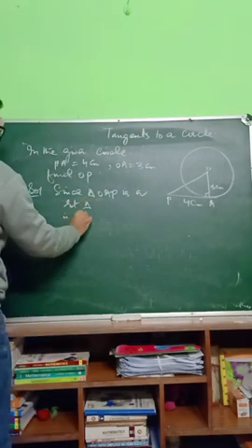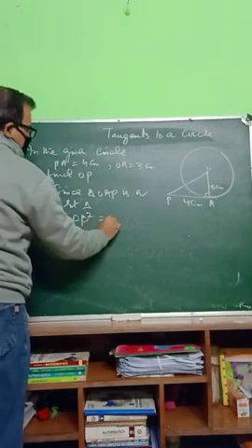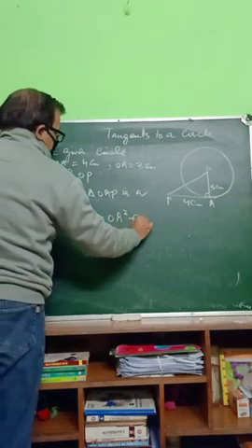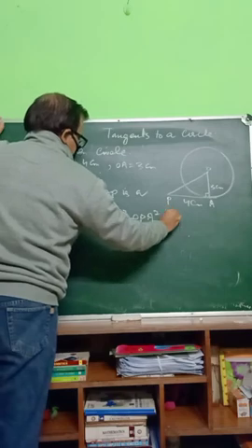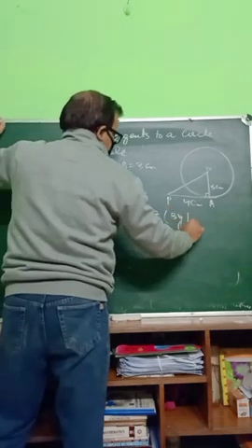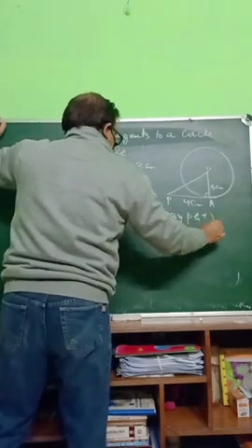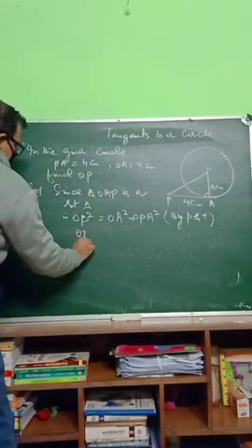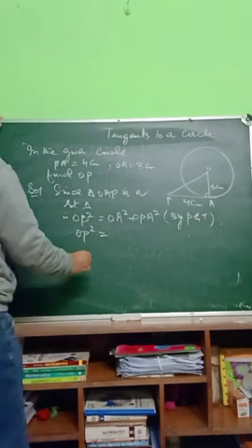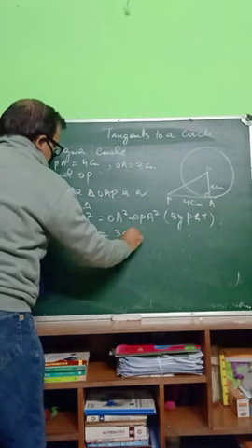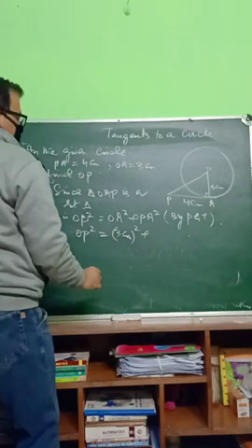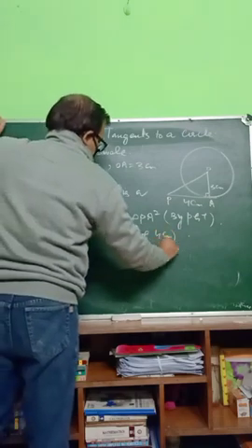therefore OP square is equal to OA square plus PA square by PGT, Pythagoras theorem. So OP square is equal to OA, which is 3 centimeters, whole square plus 4 centimeters square.